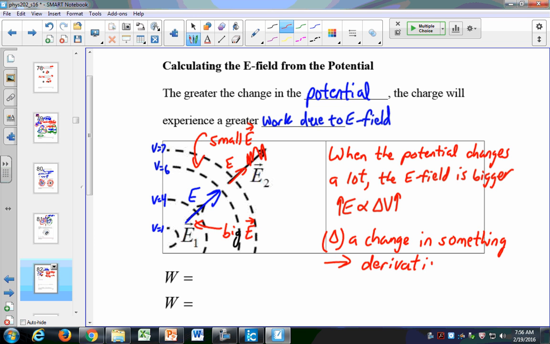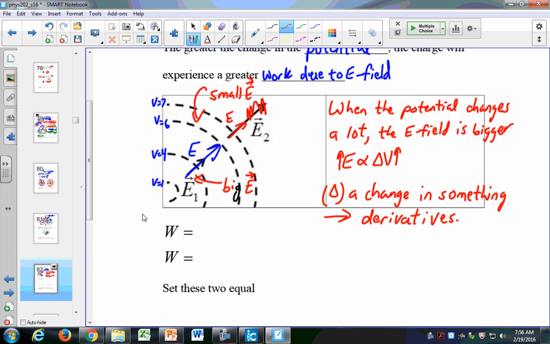Because derivatives at their root function are to talk about how things change. That's why we use them a lot in kinematics, because we're talking about how things are changing with respect to time. A derivative does describe how something changes.